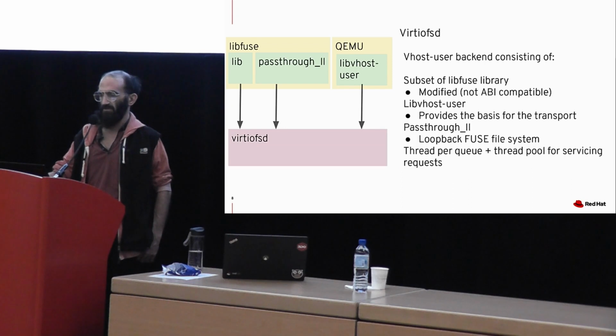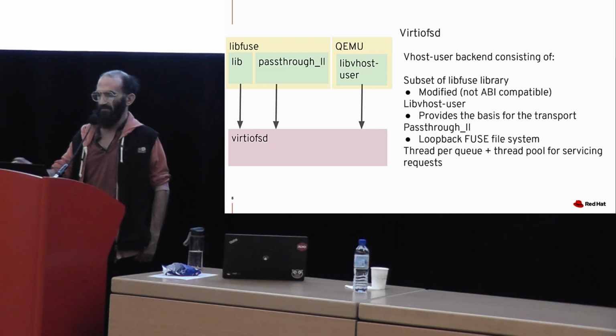From QEMU, we took libvhostuser, which is a library that provides transport over virtio using the vhostuser transport. vhostuser is a transport which takes virtio messages and parses them in an external process to QEMU.